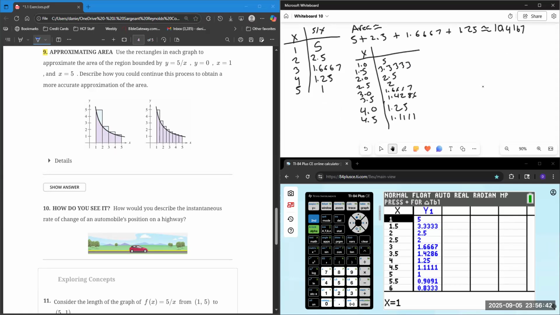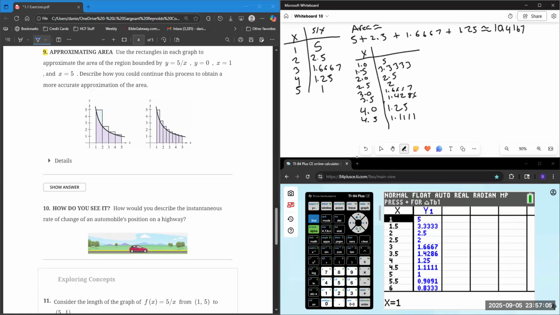and then we have 5 will be 1, and we want left endpoints again of the first 8, 1, 2, 3, 4, 5, 6, 7, 8. I'm actually not interested in this last one right here.